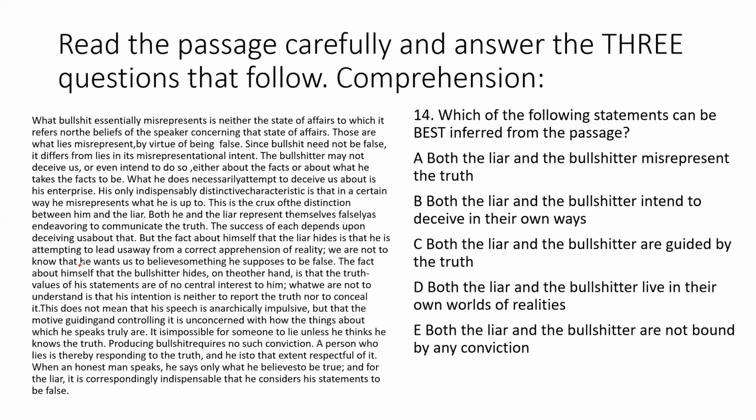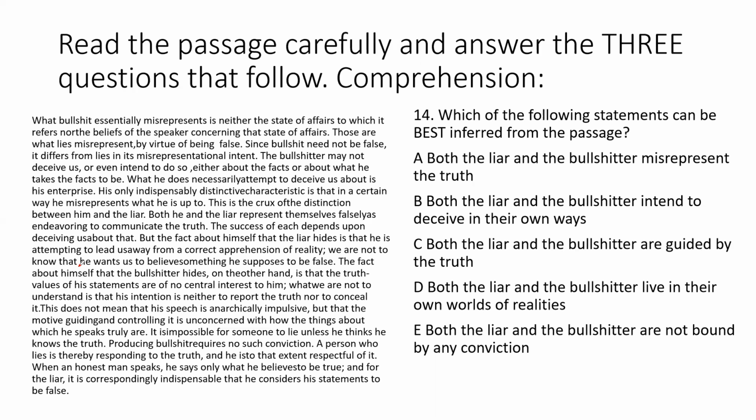What we are not to understand is that his intention is neither to report the truth nor to conceal it. This does not mean that his speech is anarchically impulsive, but that the motive guiding and controlling it is unconcerned with how the things about which he speaks truly are. It is impossible for someone to lie unless he thinks he knows the truth.